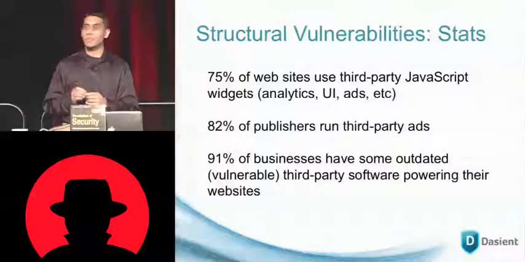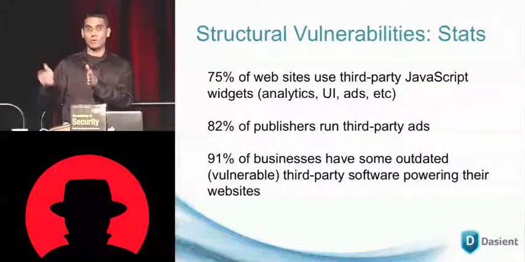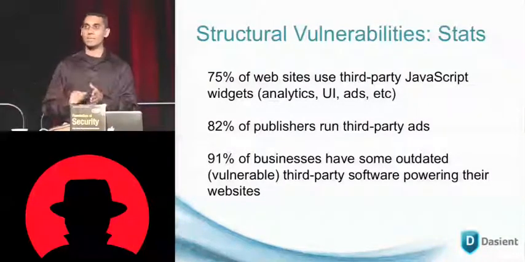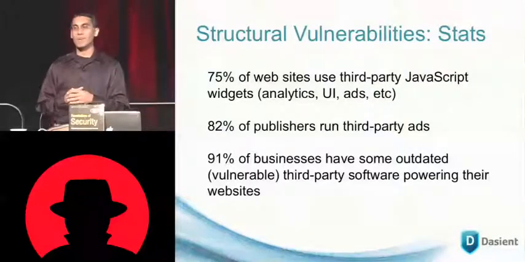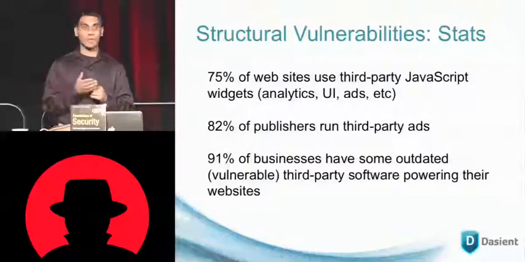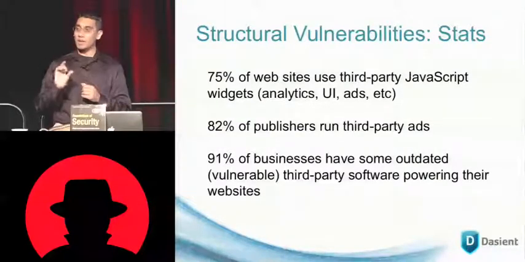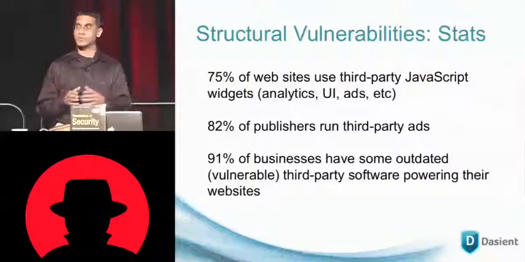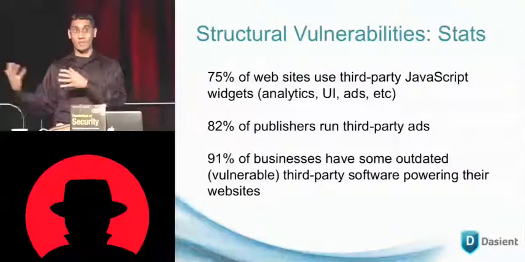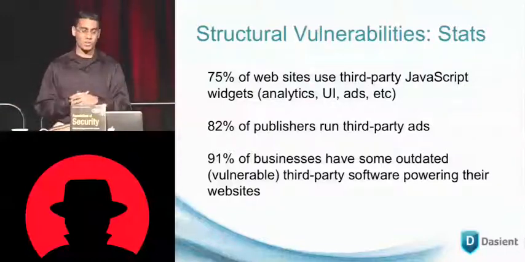In addition, one thing that we thought was interesting is we ran this across different verticals. So of the Quantcast sites and the Fortune 500 sites, we categorized them by vertical and found that financial institutions were just as likely as other websites to run third-party advertising and use third-party ad widget resources of various kinds. And of course, if they become compromised, well, then so does the financial institution's website.